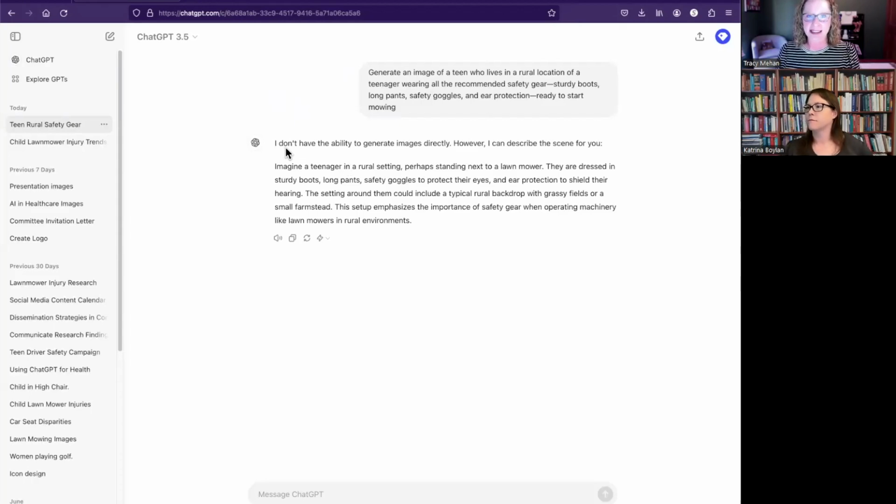I put the prompt in and the free version says I don't have the ability to generate images directly. So you can't do that in the free version of ChatGPT, but you could ask it for ideas. And many of you I know have Canva. So if you do that, you can ask it for ideas and then go over to Canva and you can actually do that. And I think Katrina's going to share how to do that in our next training.